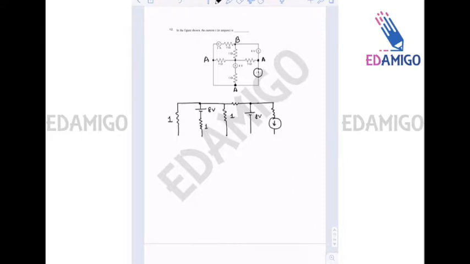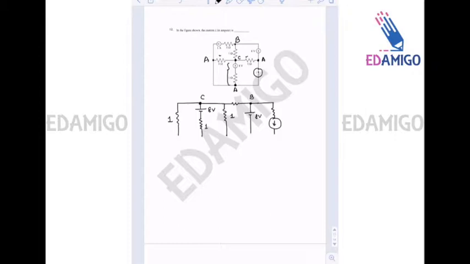Okay, so if this is node, for example, C, so this is node C, and from C to A I have drawn this, and the B node will be this one.